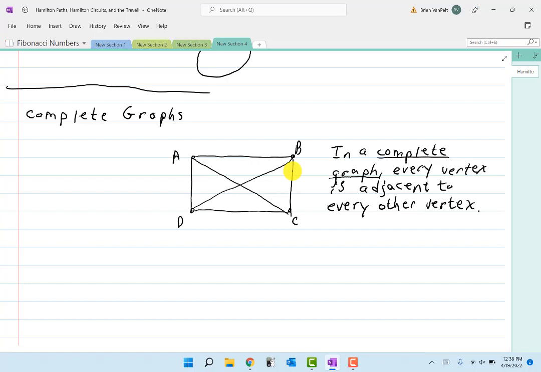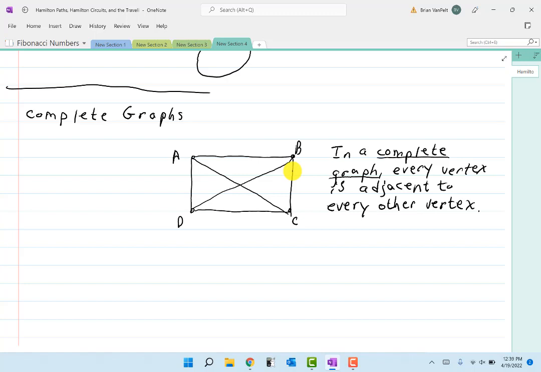That's all you really need, because to be adjacent to every other vertex means that you're going to have the number of vertices minus 1, because if I'm at A, then I'm only interested in what A is adjacent to. So that's why you subtract the one vertex. So B, same thing goes there.